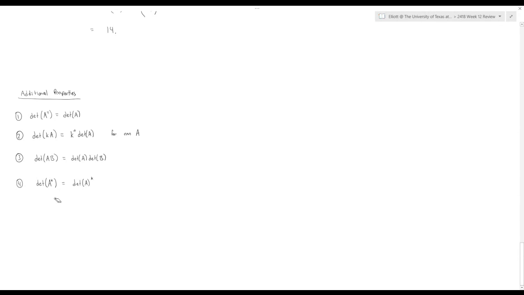This last property holds whenever k is a non-negative number. For k equals 0, we would interpret A to the 0 as an identity matrix, kind of like how a number to the 0 is 1. All right. This formula also works for negative integers if A is invertible.